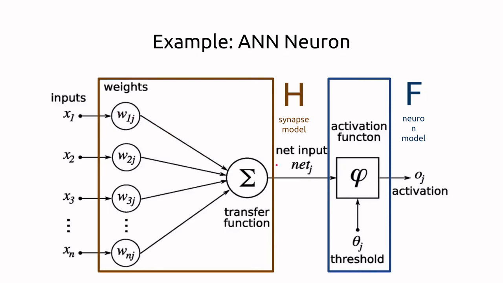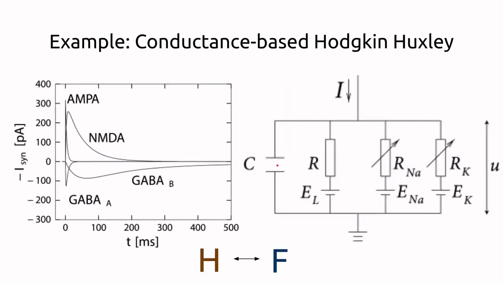Let's also take a quick look at a more complex model. This is the conductance-based Hodgkin-Huxley model. Here, H and F are components that are more tightly integrated than what we've seen in the basic artificial neural network. The H model here explicitly models the activity of different neurotransmitters like NMDA or GABA, and it directly affects how open the ion channels in the neuron cell body are.